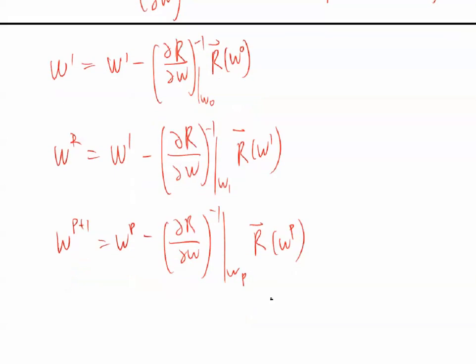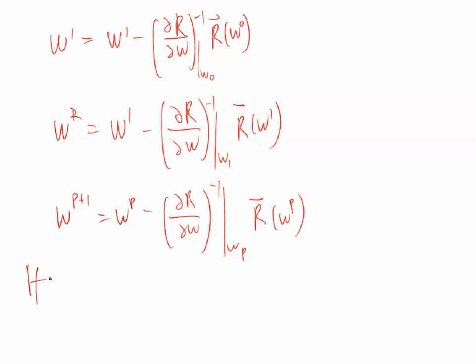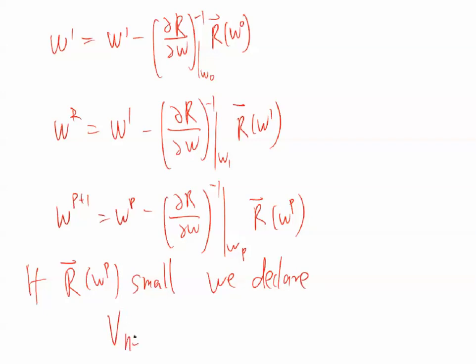And that's when we call it good enough and declare victory, and class is over. We declare that V at time step n plus 1 is actually just equal to this WP.